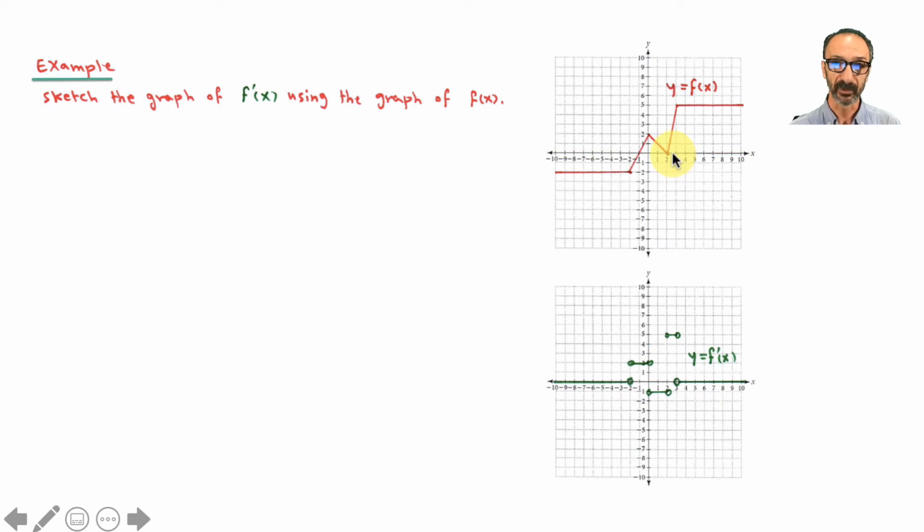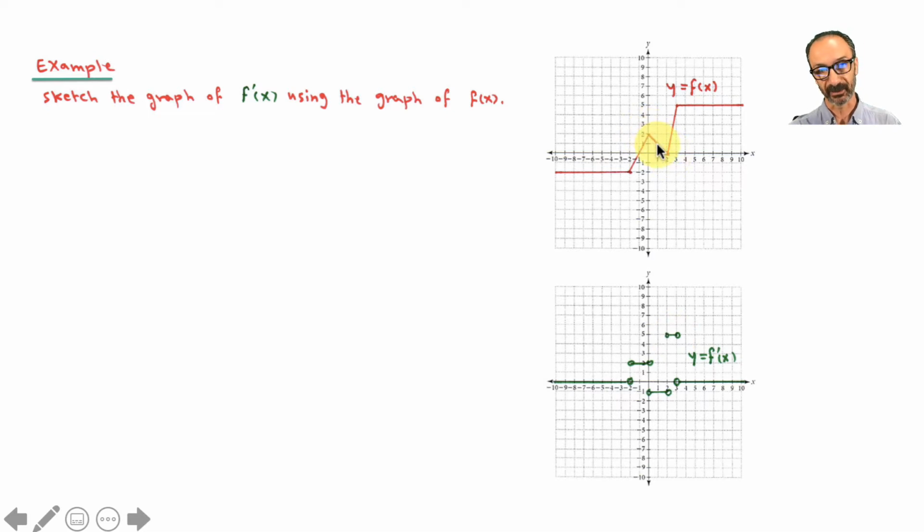So what's my slope? Any point right here has the same slope, which is 5. So my derivative, my f prime between 2 and 3 as part of my domain, is 5. Look, between 2 and 3, I should always be at 5.